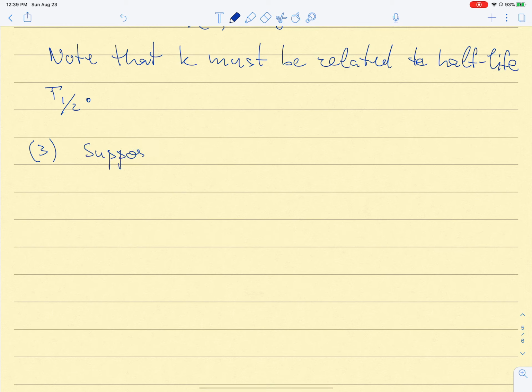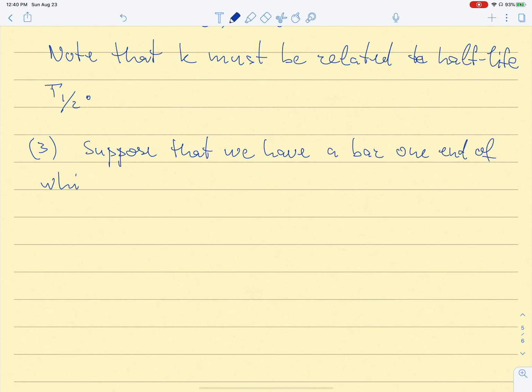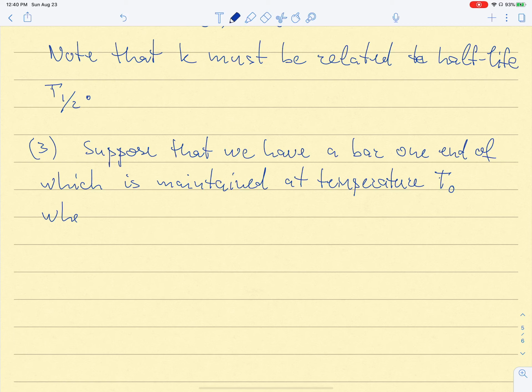Suppose that we have a bar, one end of which is maintained at temperature T0, while the other end is at temperature T1.